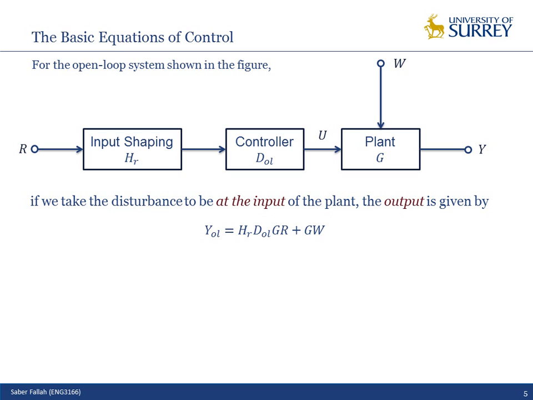Tell me, in this case, how many inputs do I have? Two inputs. What are they? HR is a device. A device can't be an input. R and W: reference input and disturbance input.